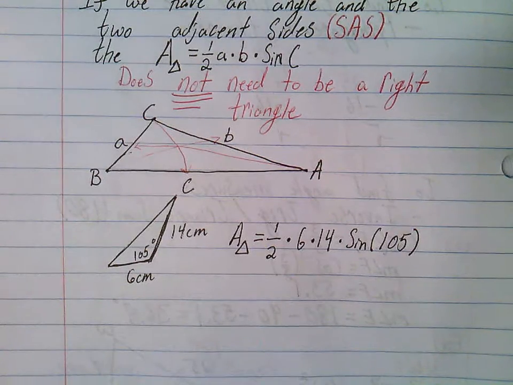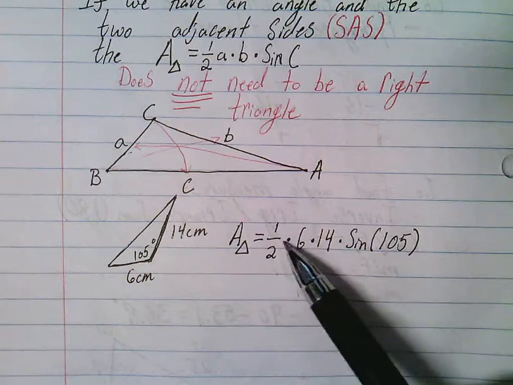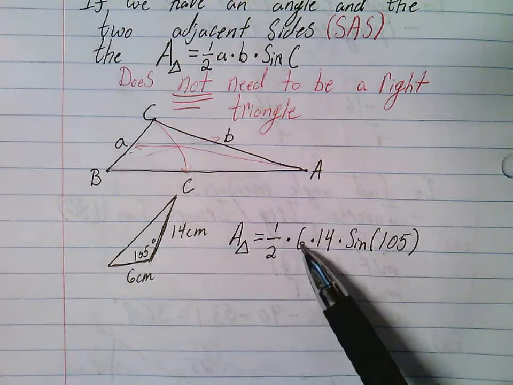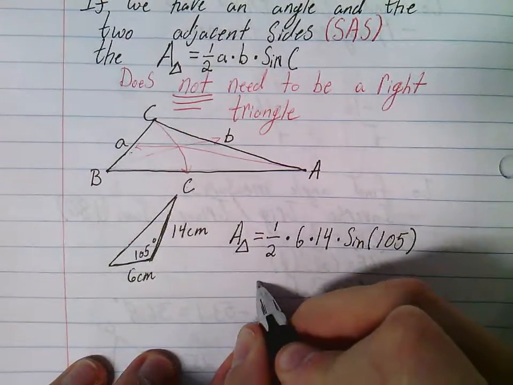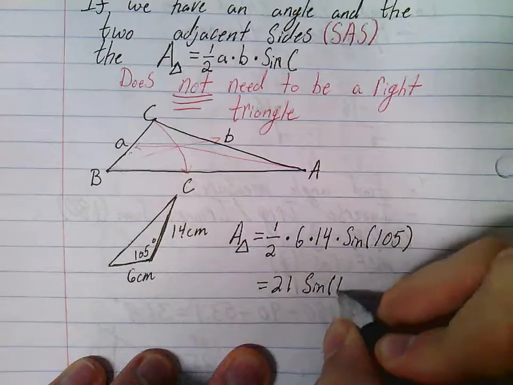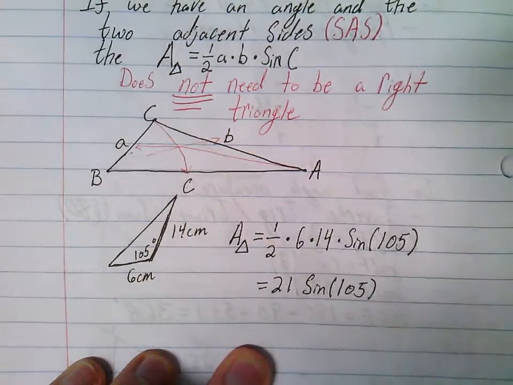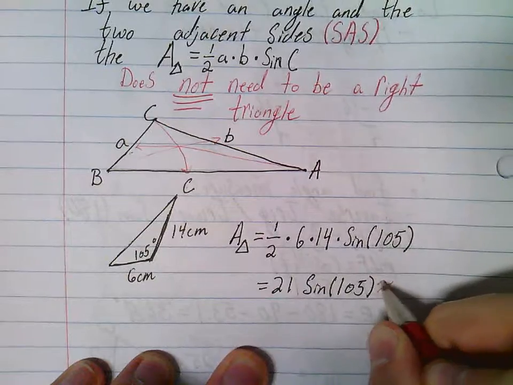Well, then we just plug this whole expression into our calculator. Or we can simplify it some first. 1/2 of 6 is 3, and 3 times 14 is 21. So I can say that this is 21 times the sine of 105, which we can approximate.